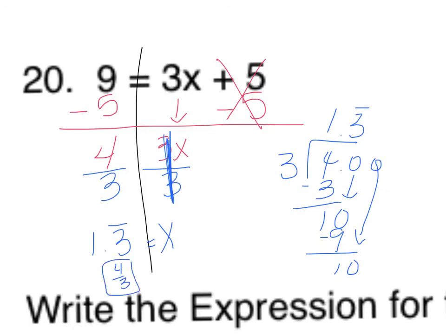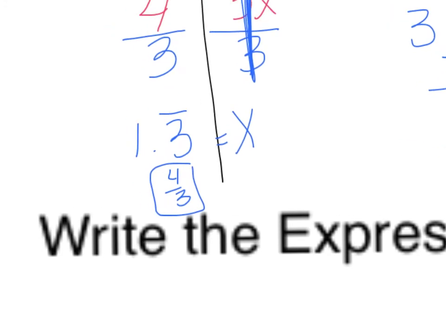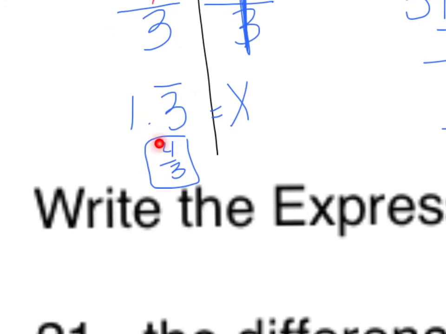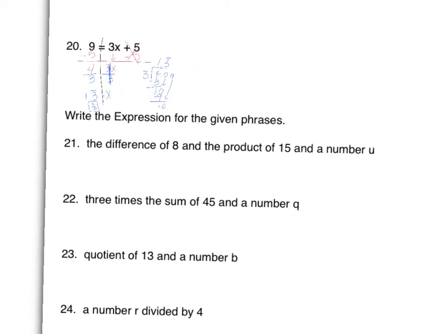Just a side note, when we do math we can't do math with repeating decimals. So if I ever asked you to multiply by this 4/3, you would actually want to leave it as the 4/3 instead of changing to a decimal, so you could actually solve whatever it was we were doing.